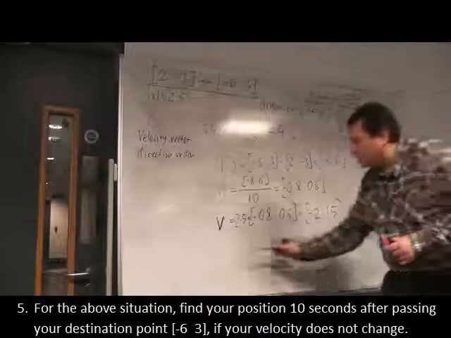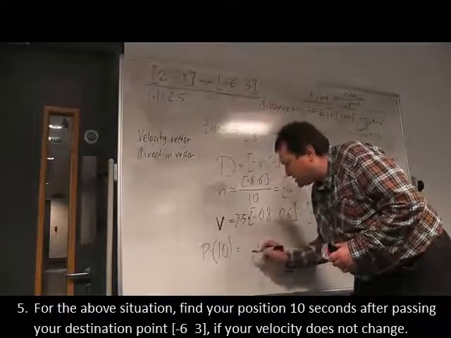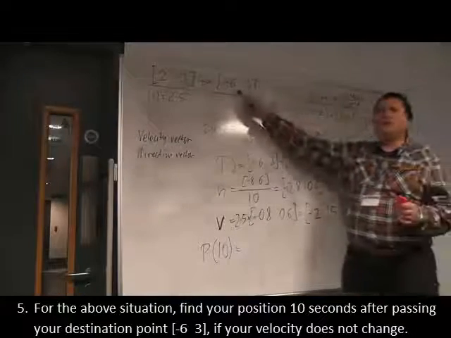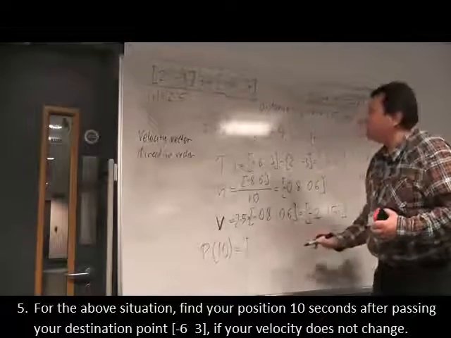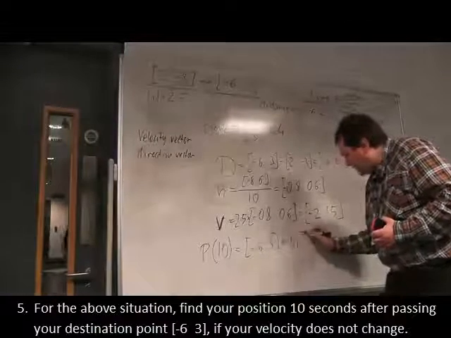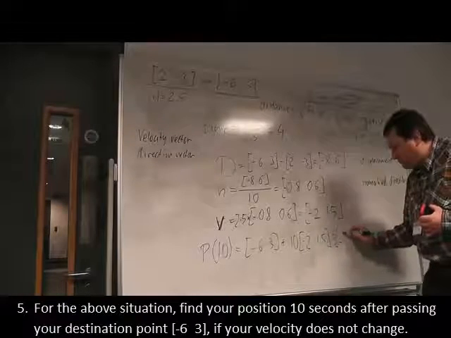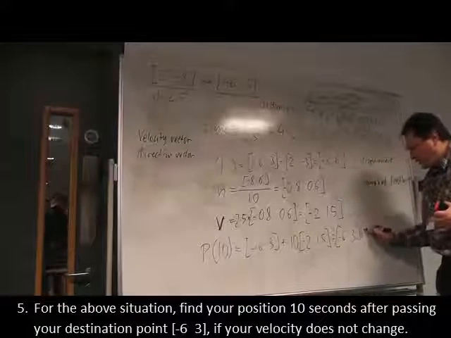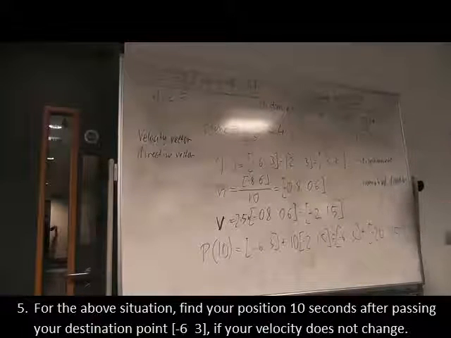And now position after 10 seconds, starting from this, after arrival to the destination point. So we start with minus 6, 3 plus 10 times minus 2, 1.5. This is minus 6, 3 plus minus 20, 15.